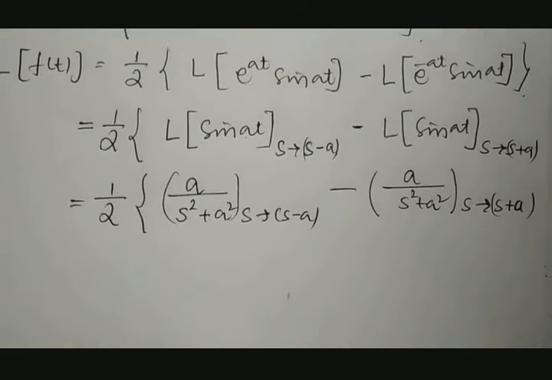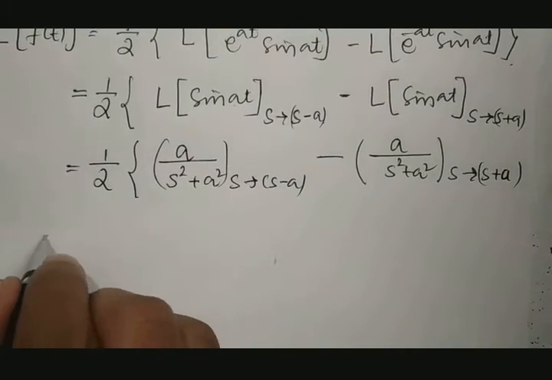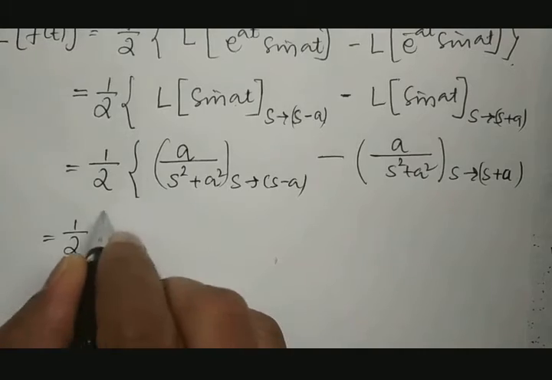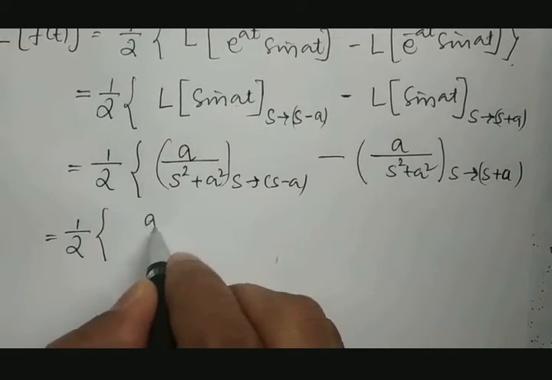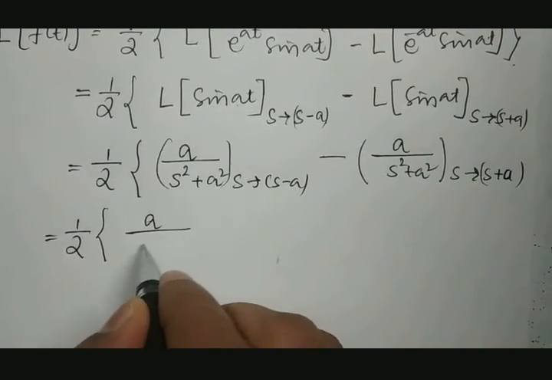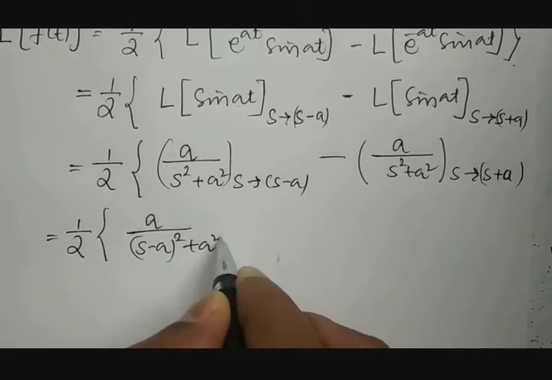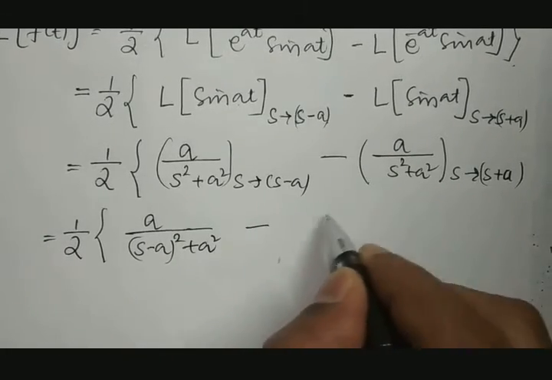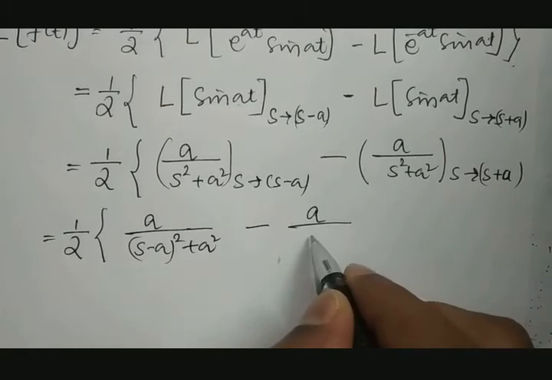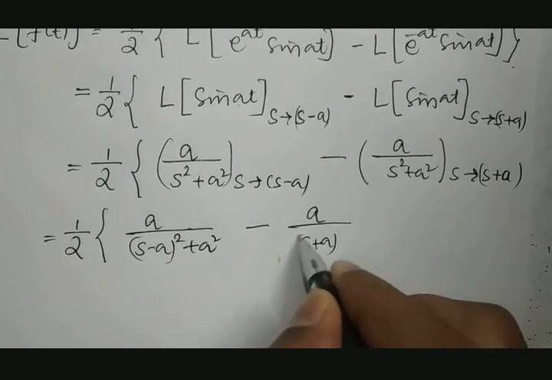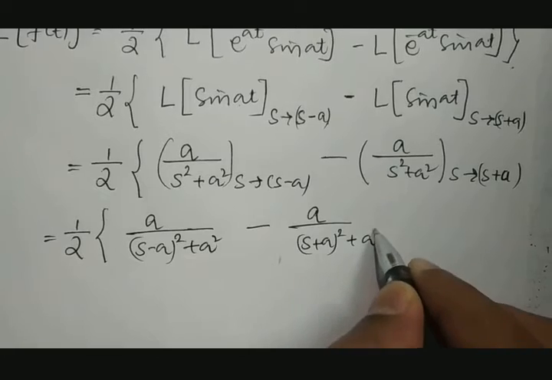Now replace, which is equal to 1 by 2 into a divided by, s replaced by s minus a, the whole square, plus a square, minus a divided by, s replaced by s plus a, the whole square, plus a square.